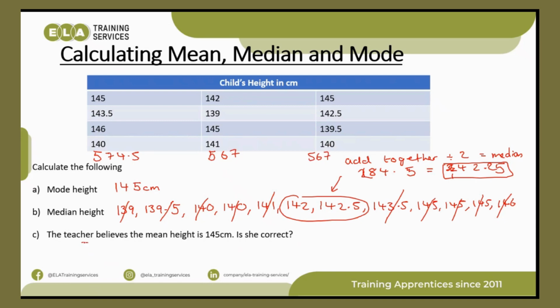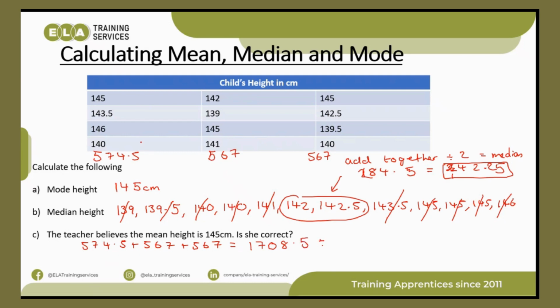And then we're going to add these up. 574.5 add 567 add 567 gives us 1,708.5. And we're going to divide that by how many?